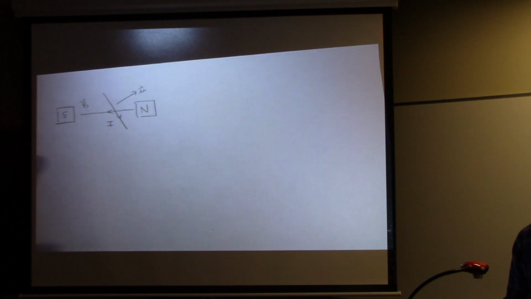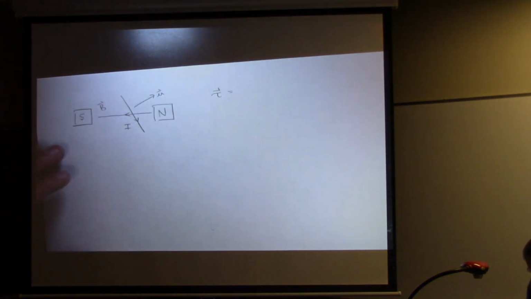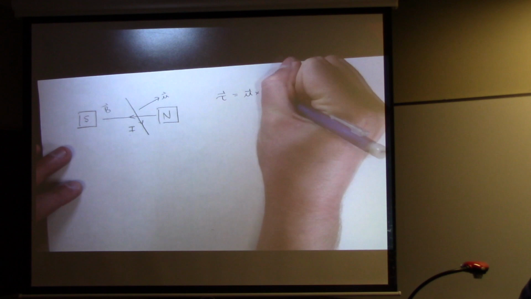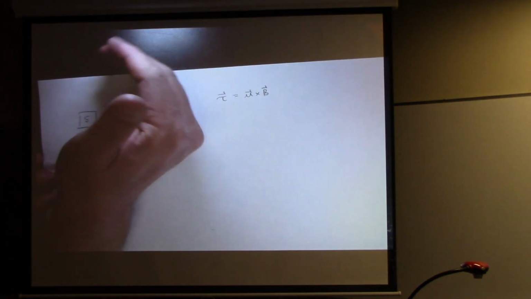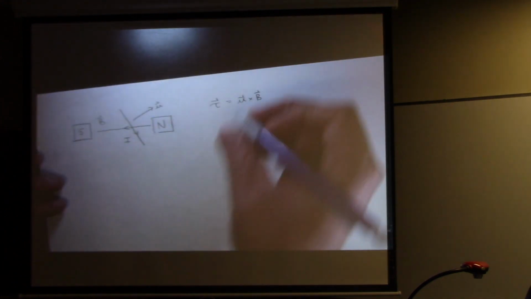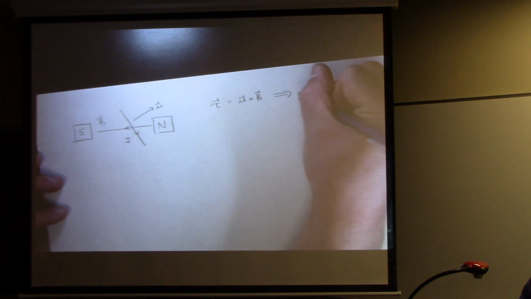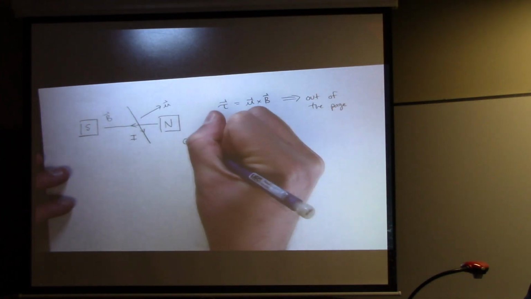Okay. So the next thing is, let's think about what kind of rotation we're going to get in this situation. Okay? So if I want to know about the torque I'm going to get in this situation, it's going to be mu cross B. So I'm going to have my mu vector crossed with my B field vector, which is going to the left. My thumb is out of the page. Okay, so if my thumb is out of the page, that's my torque.